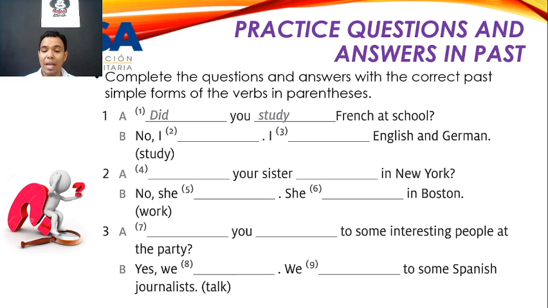And in the short answer, the auxiliary and the negative are contracted. Remember, contracted: No, I didn't. I studied English and German. Complete the questions and also the short answers in this exercise. See you, practice a little bit, answer the following questions. Bye.